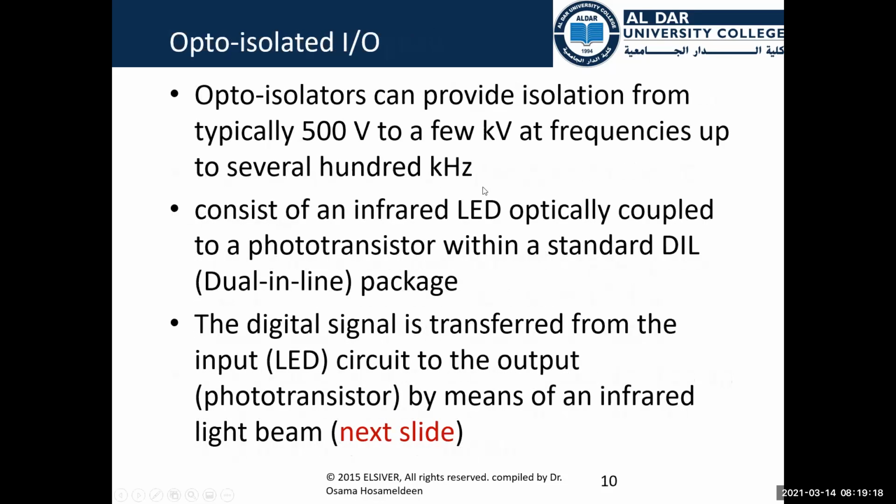And another device is the opto-isolated input output. Opto-isolators can provide isolation from high voltage, like 500 volts to even a few thousand volts, and also frequencies up to several hundred kilohertz.